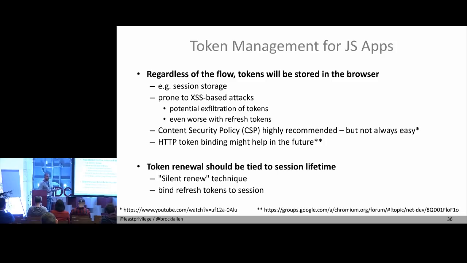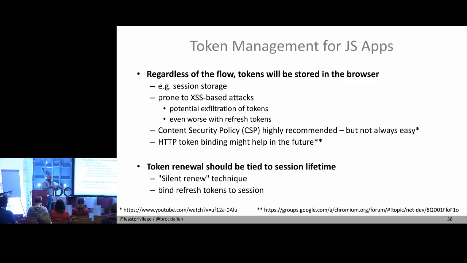So the common locations are to put the token in session storage, local storage, maybe IndexedDB, but the first two that I said are the ones where we usually see, session storage or local storage. So of course, the big problem here is that your app is still prone to cross-site scripting attacks, right? And not only your app, but your entire domain.